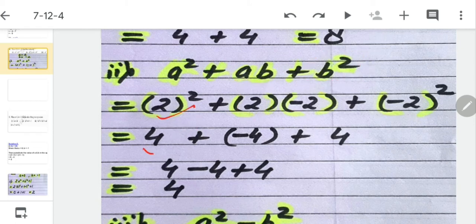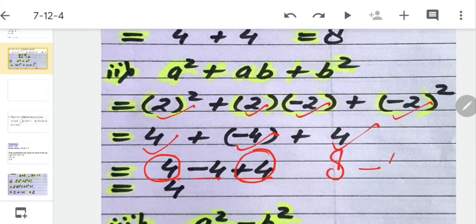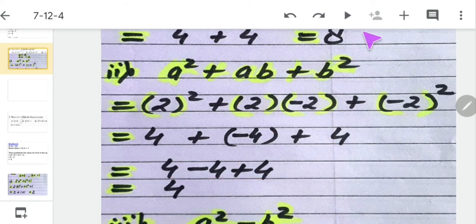Now 2 power 2 gives us 4. 2 multiplying with -2 gives us -4, and -2 power 2 gives us 4. Now we have 4, -4 and positive 4. So positive will add with positive, so it will become 8 minus 4, and 8 minus 4 gives us 4. Or we can see positive 4 will cancel out with negative 4 and our answer is 4.